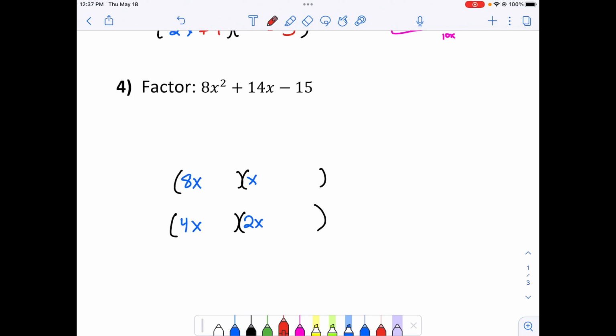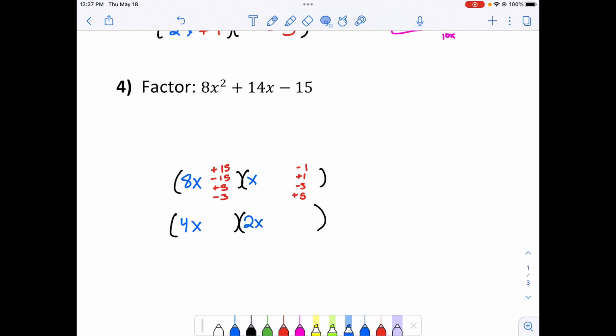And then for the 15, we don't know if we're going to have 15 and 1, and we know one of them is positive, one of them is negative. So like, positive 15 with negative 1, or negative 15 with positive 1, or positive 5 with negative 3, or negative 3 with positive 5, sorry.